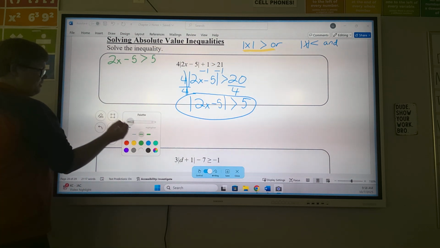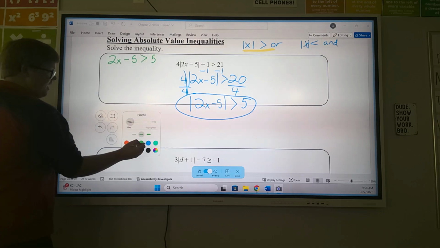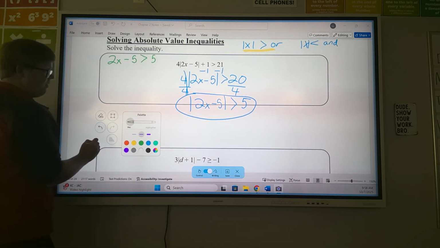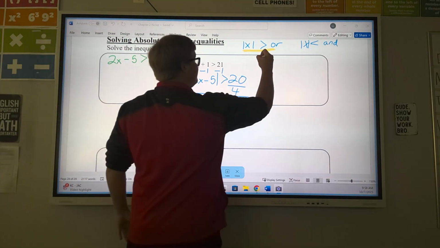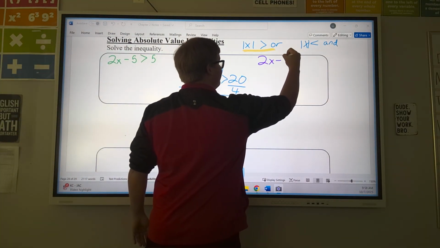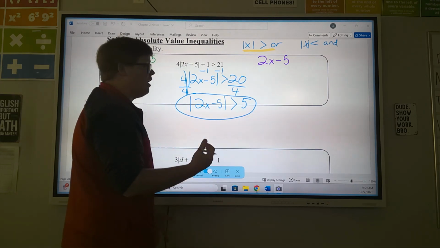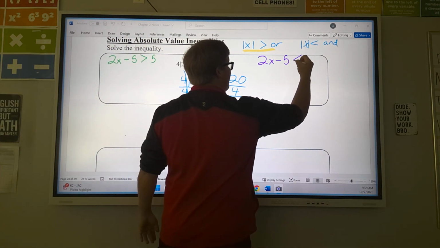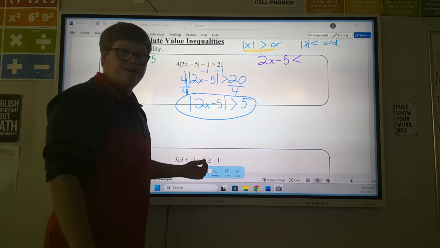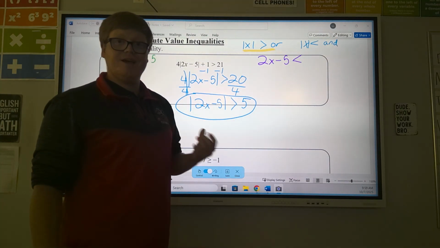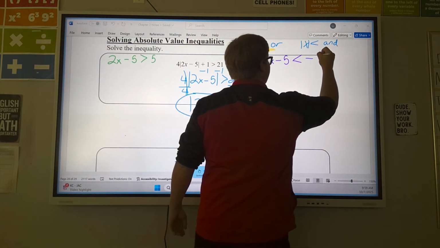Our second equation, we just copy down our absolute value, so 2x minus 5. We need to flip our sign to the opposite, and we need to change that positive 5 to the opposite. So the opposite of a positive 5 is a negative 5.